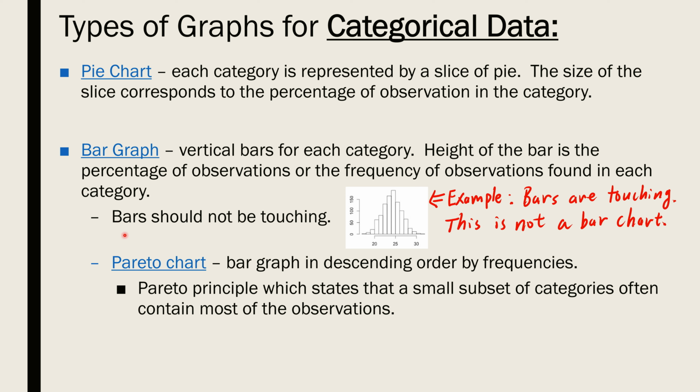Please pay attention that for bar graph, bars should not be touching. This is an example where bars are touching, and this is not a bar chart. Later on, we will learn that this graph is called histogram. Histogram is not the same as bar graph.